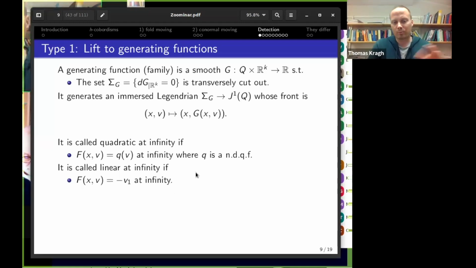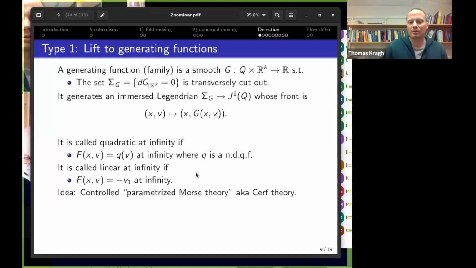And the only reason to impose conditions like this, and these are the two nicest and also very important conditions, is that you want to be able to do parameterized Morse theory. As I said, you should think of this as a Q-parameterized function, and if you don't have some control at infinity, Morse theory behaves badly when you go around in the family.